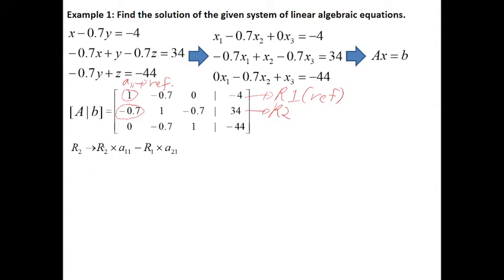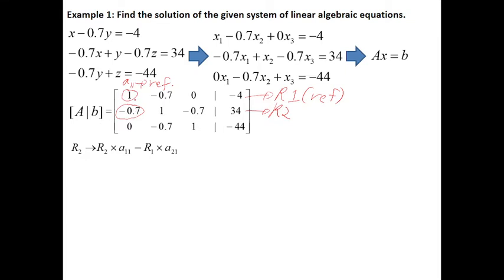So in that case, this is R2. So kung saan yung element napapalitan natin ng 0, kung saang row nakalocate yung papalitan natin ng 0 na negative 0.7.